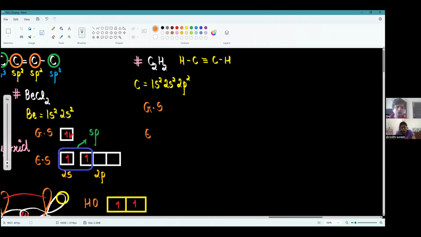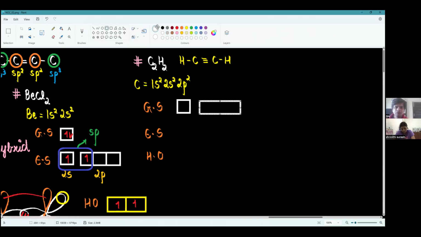Now the ground state configuration, you know that carbon will always go into the excited state. So you will have the ground state, the excited state, and then the hybrid orbitals. In the ground state, it will be 2s2 and 2p2. Then one electron from 2s jumps into 2p, so that carbon will have 4 unpaired electrons, because its valency is 4.